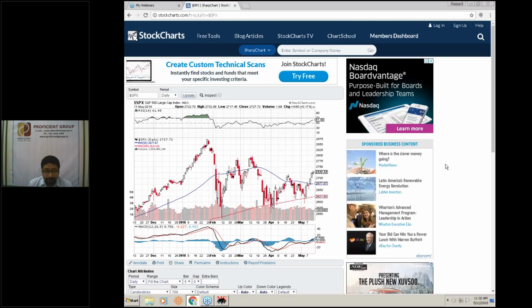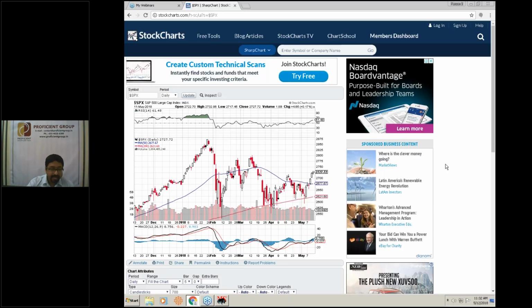And right now it is trading at 2727 as of yesterday's closing. And as you can see from this chart, this index is trading above both the moving averages, the 200-day, which is the red one, and the 50-day, which is the blue one.